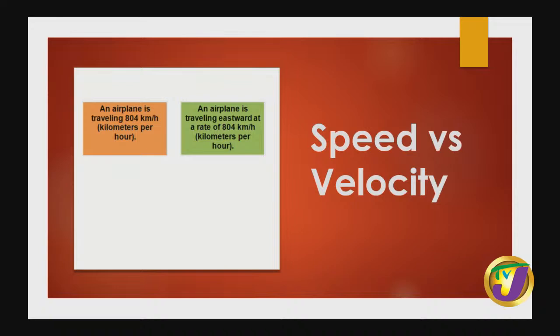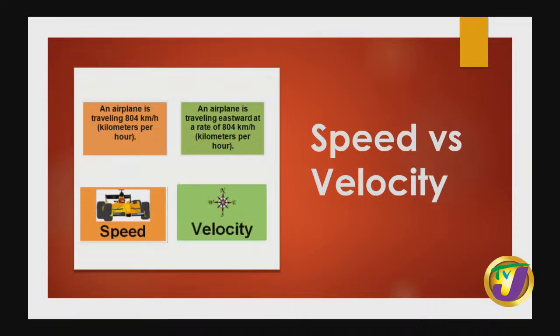Eastward direction. Yes. Okay. So based on that, once the direction is involved, we're talking about velocity. But as long as we're going at just constant speed, no direction given, then we're talking about speed.